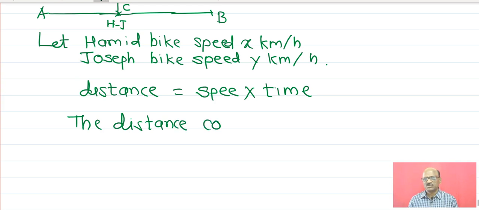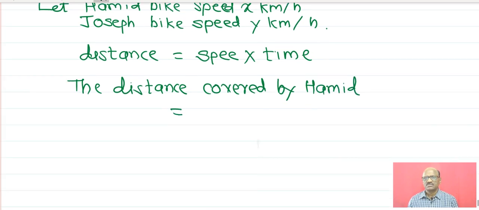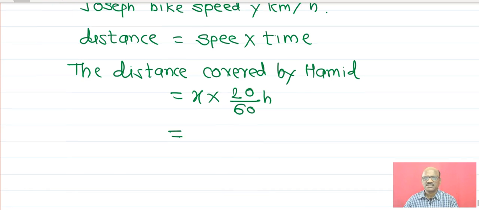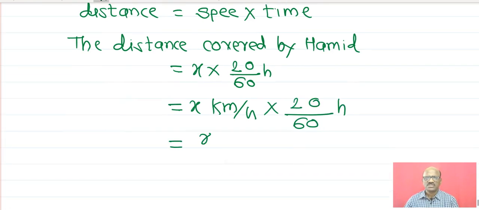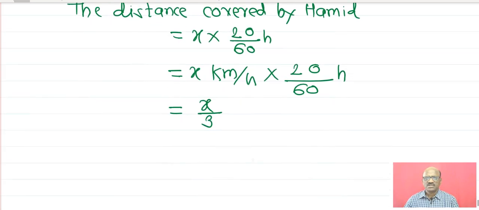Therefore, distance is equal to distance covered by Hamid in 20 minutes. It is given in minutes. Therefore, we convert it into hours. Therefore, distance is speed into time, that is 20 upon 60, means we convert to hours, that is x km/h into 20 upon 60, therefore that is x upon 3.